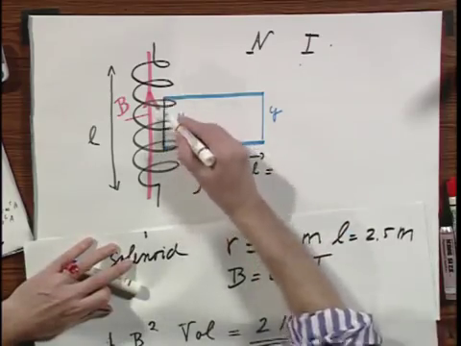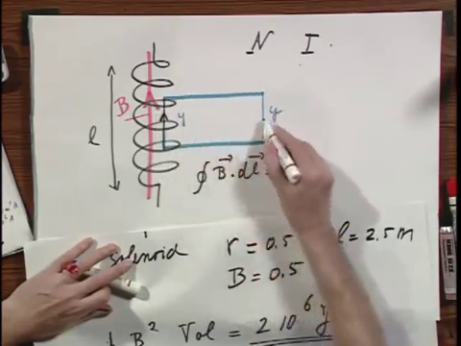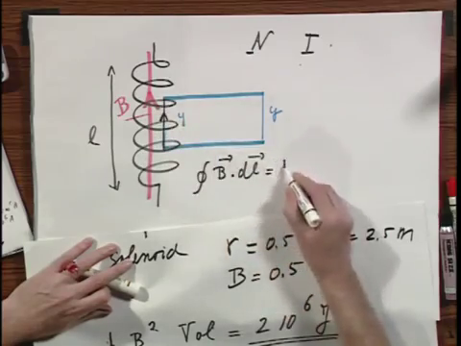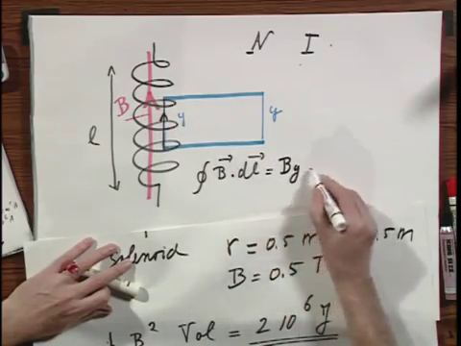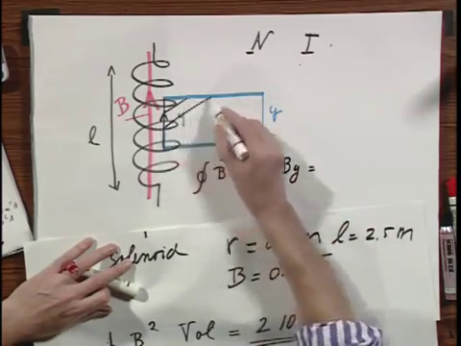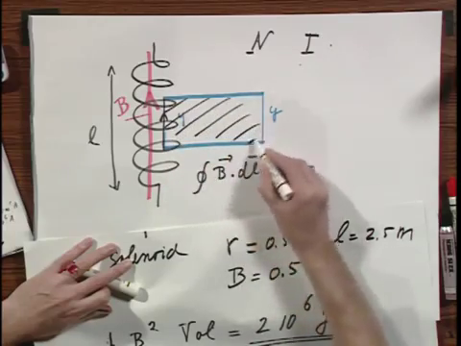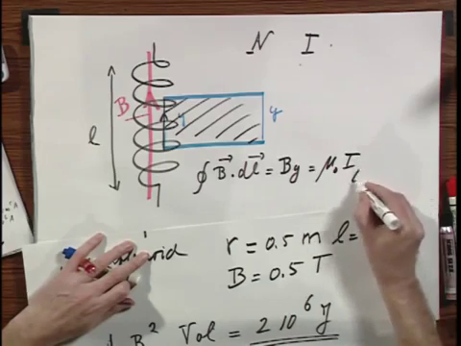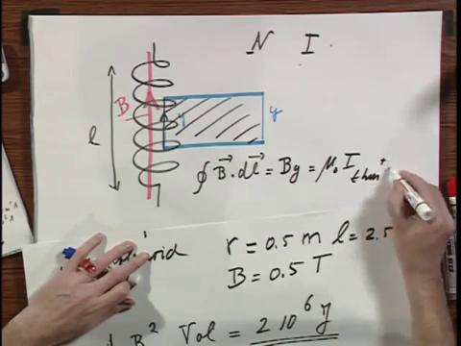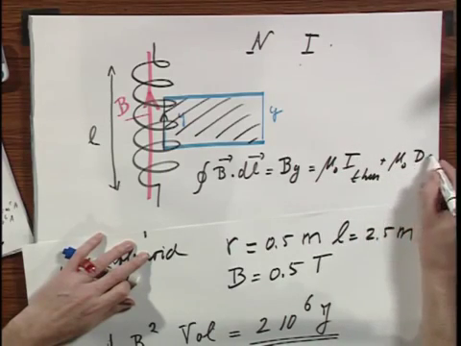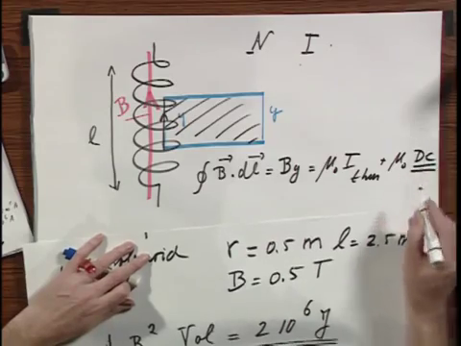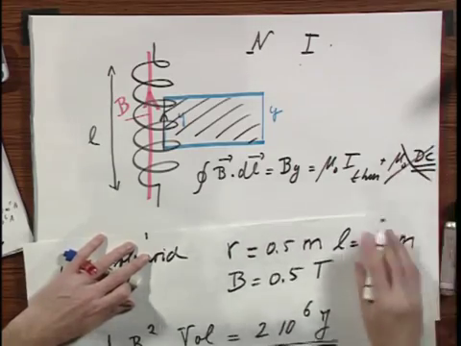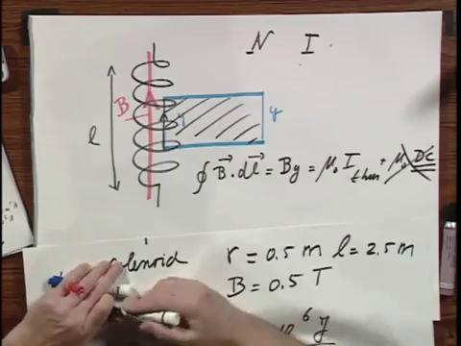So if I go around this closed loop in this direction, I would get only B times Y. That now equals mu0 times I through this open surface, plus mu0 times the displacement current. Don't confuse this with DC, this is displacement current, and there is no displacement current.